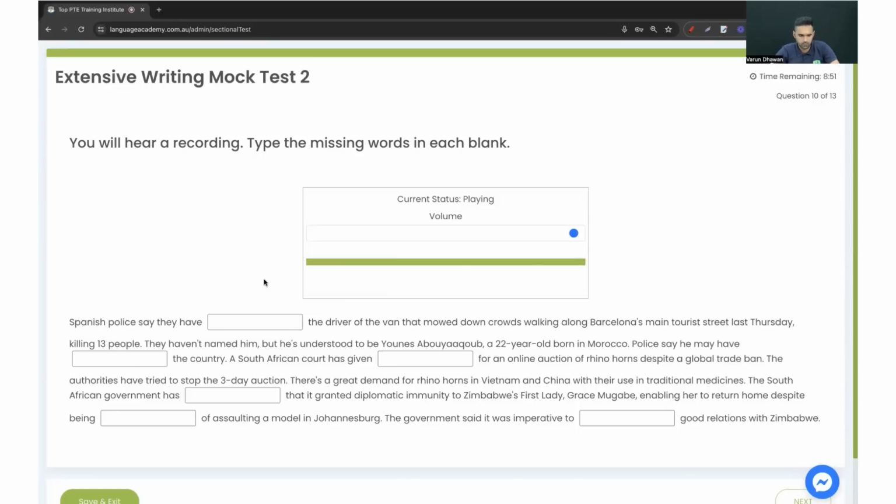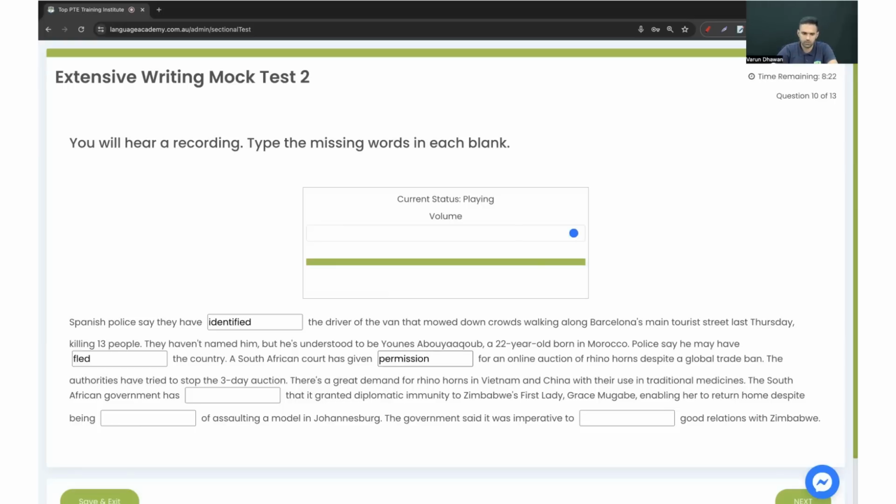Bit difficult, I guess. They have identified. He may have fled, has given permission or information. Either permission or information. I think permission, they will give permission, court will give permission, not information, right? Permission is with double S or single S? Permission.